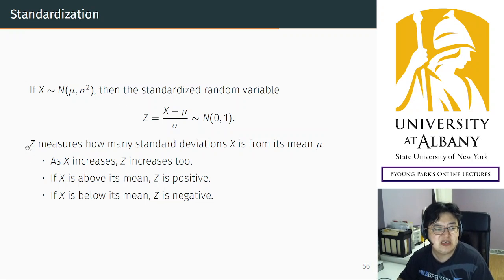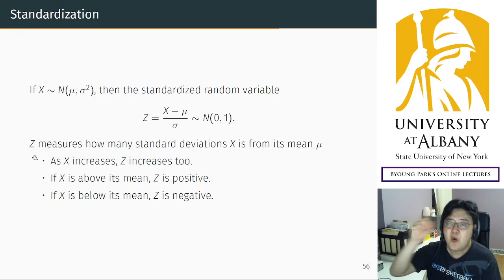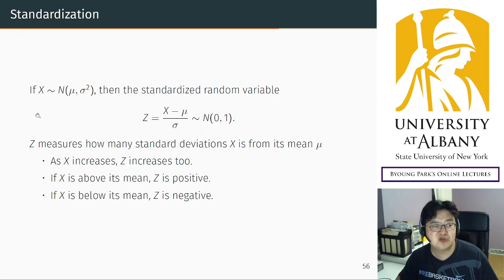If Z equals, say, plus 1, what does it mean? It means that the observation is 1 standard deviation above the mean in the original distribution. In the original distribution, the mean can be any number and the variance can be any number.